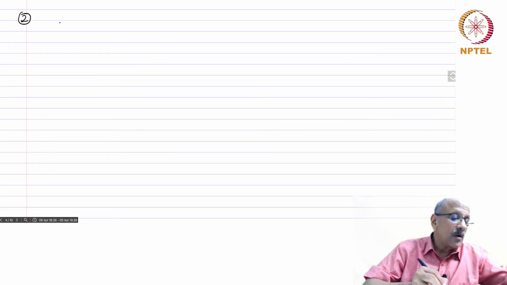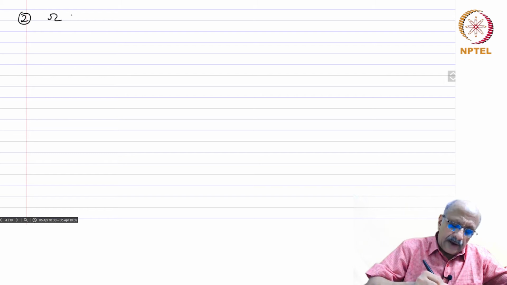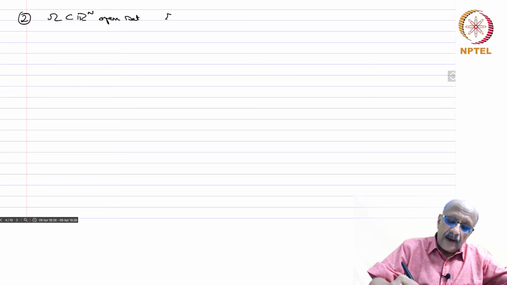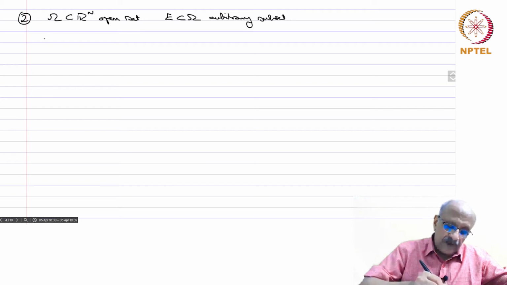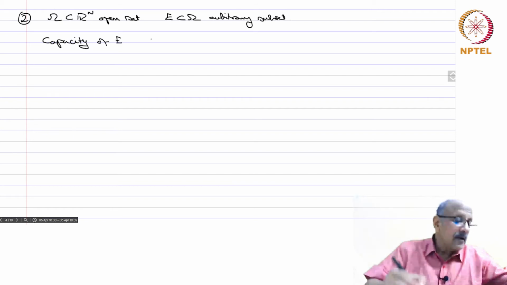Second one. So omega contained in Rn open set and E contained in omega arbitrary subset. So we define capacity of E with respect to omega.